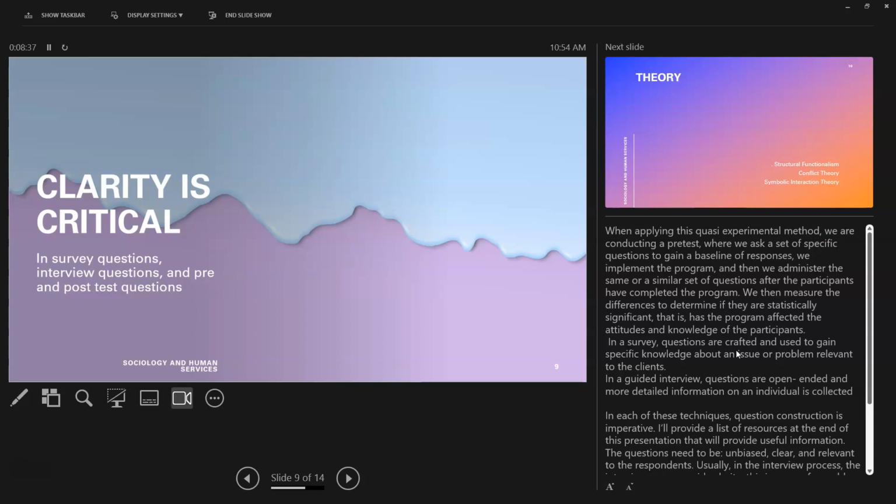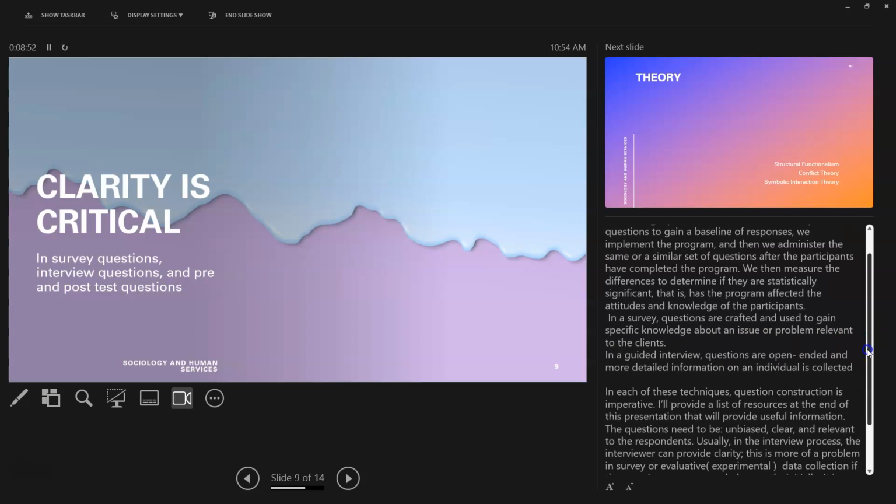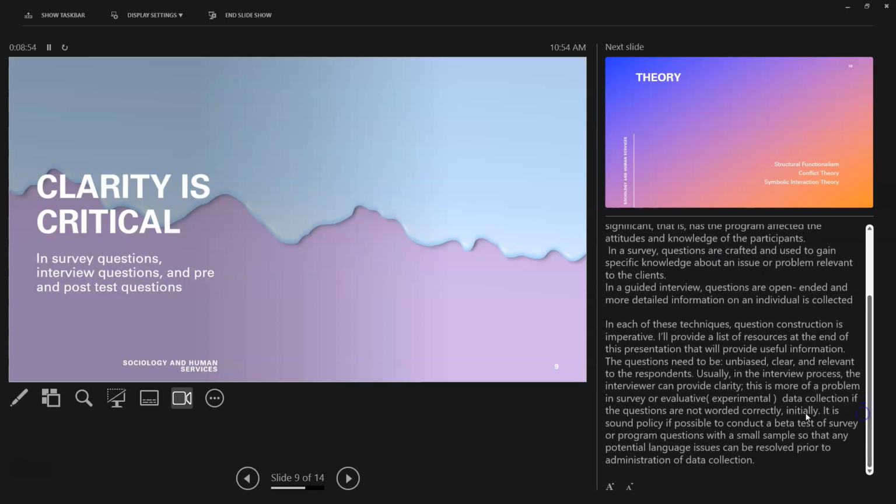That is, has the program affected the attitudes and knowledge of the participants? In a survey, questions are crafted and used to gain specific knowledge about an issue or problem relevant to the clients. In a guided interview, questions are open-ended and more detailed. Information on an individual is collected.